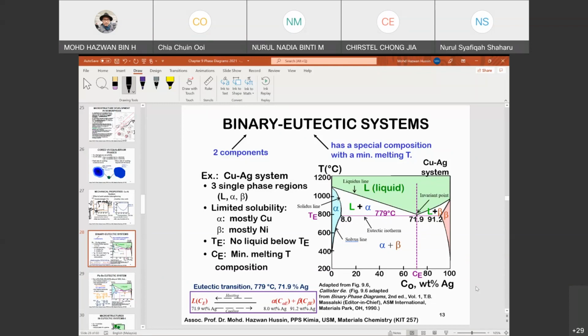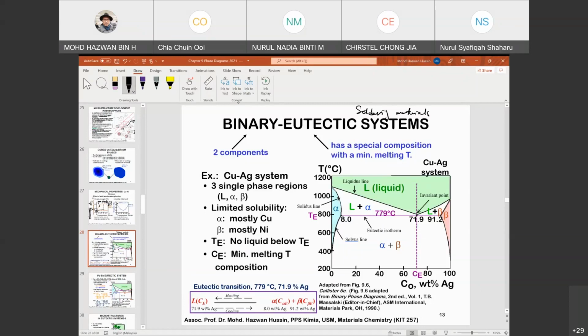Okay, and eutectic system actually means that it has a special composition at which the solid melts, or the liquid solidifies, at a very low melting temperature. Okay, so most of this eutectic system, you can see it a lot in soldering materials, bahan-bahan pemateri.